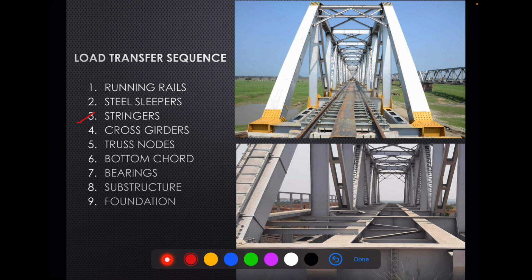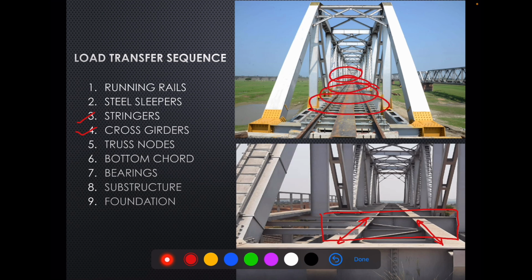Now you look carefully. These stringers are connected with these cross girders, right? So the load transfer takes place and the load comes to the cross girders. So cross girders are provided at every panel point, right?